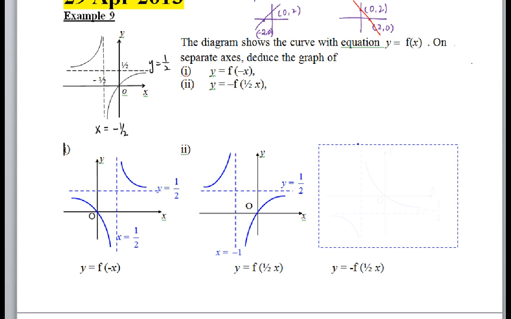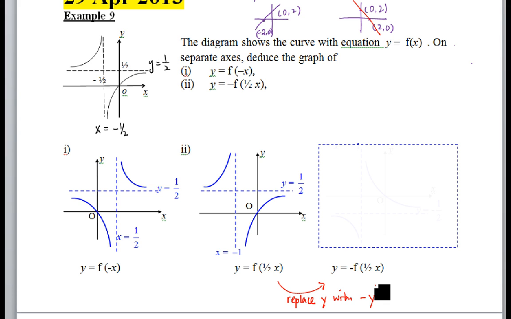Now, from here to here, it is actually replace y with negative y. Correct? Am I right? Replace y with negative y actually is easier to understand. It is a reflection in the x-axis.